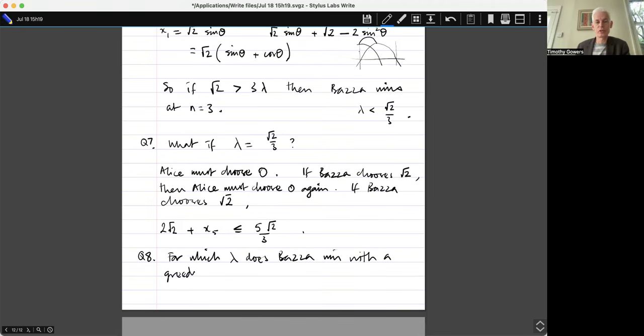And by greedy strategy, I mean Bazza's choice of x will always be as big as possible.